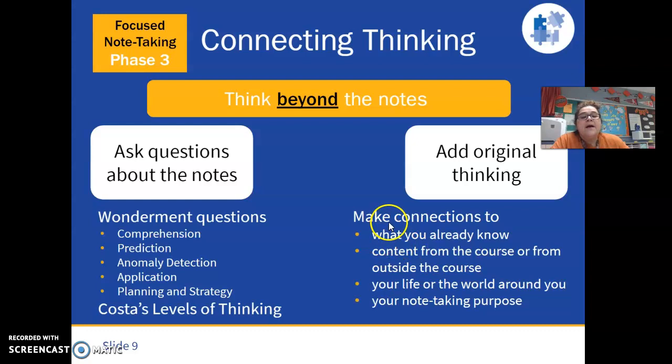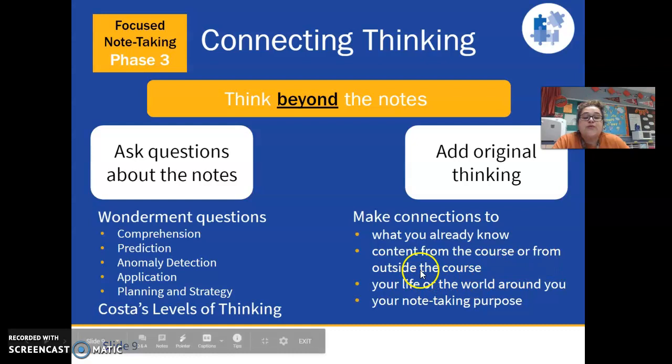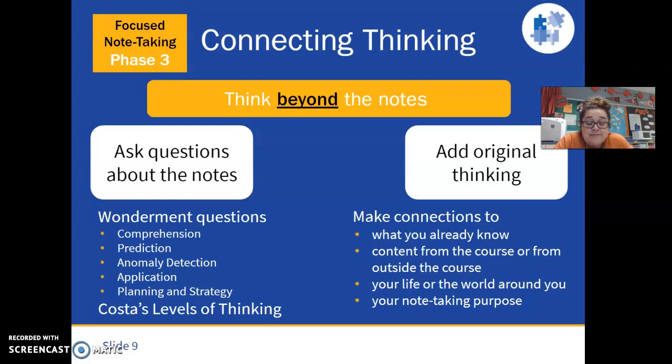Original thinking: connect to what I already know. I already know that in this war, they are losing big time. Content from the course or from outside of the course: three weeks ago, we were discussing this, and this is the exact same thing. Your life or the world around you: most likely you haven't been in a war, but sometimes we've made bad decisions, right?